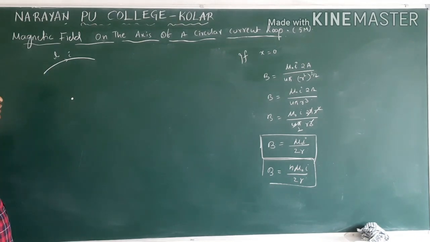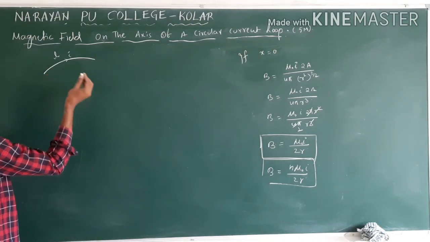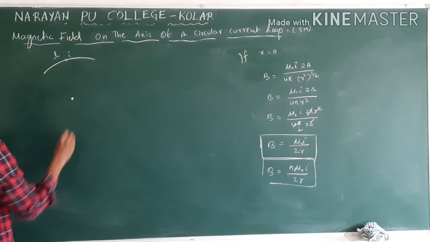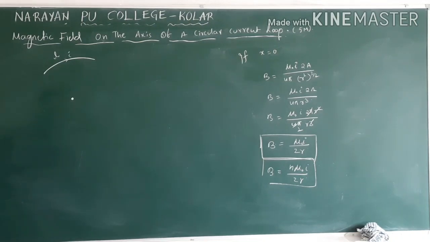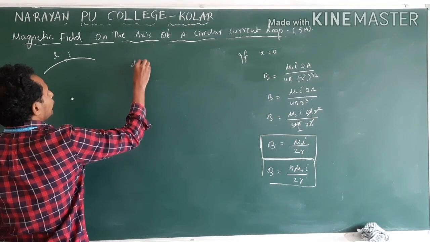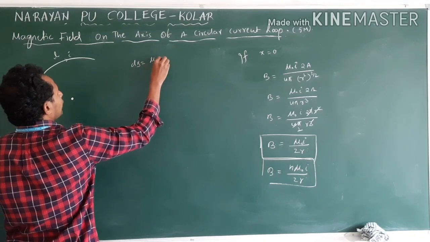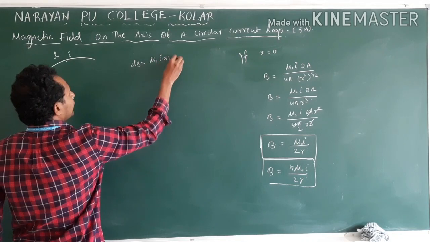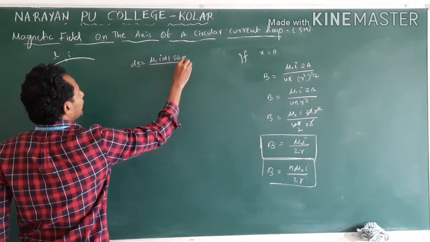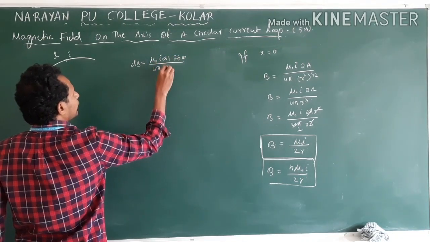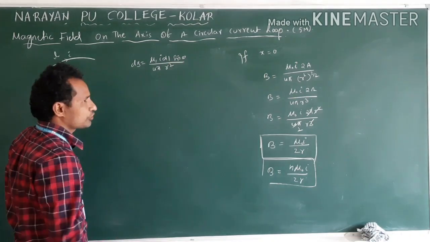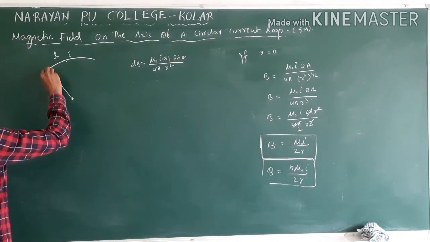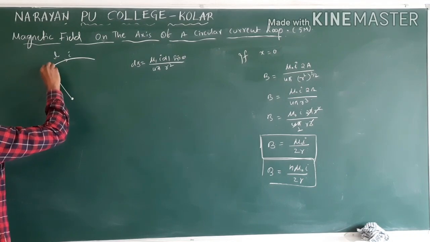Now, what do we do? We follow the Biot-Savart law. So, what is Biot-Savart law? dB is equal to mu naught I dl sin theta by 4 pi r square. Here radius and distance are both the same. You take a small element here, this is dl.